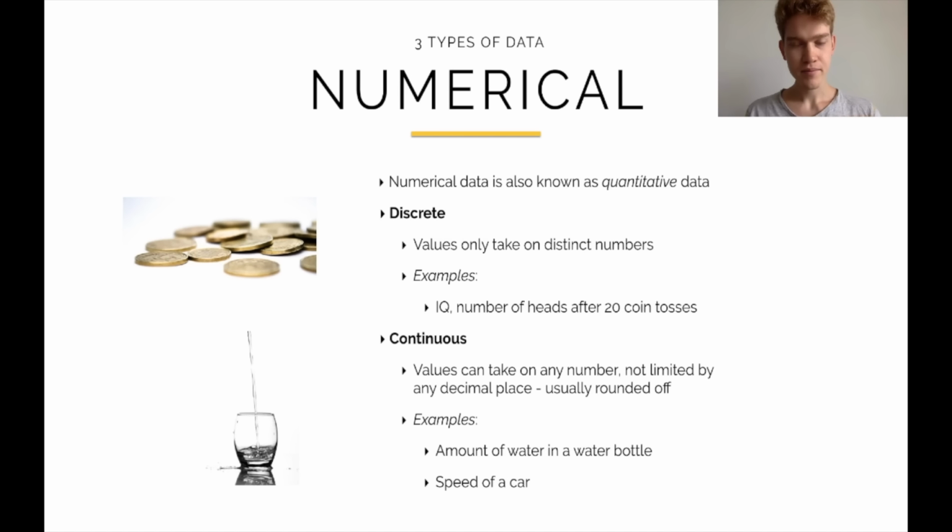So for example, let's say you have a bottle of water, and this bottle of water can hold 1 liter. Now, if you fill your bottle up, and it starts off empty and you fill it all the way up to the top, the amount of water needs to take on every single number between 0 and 1.